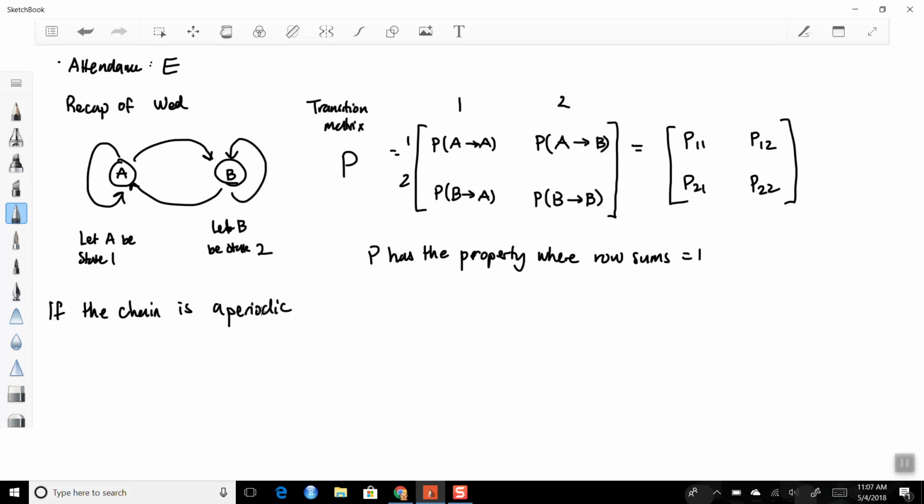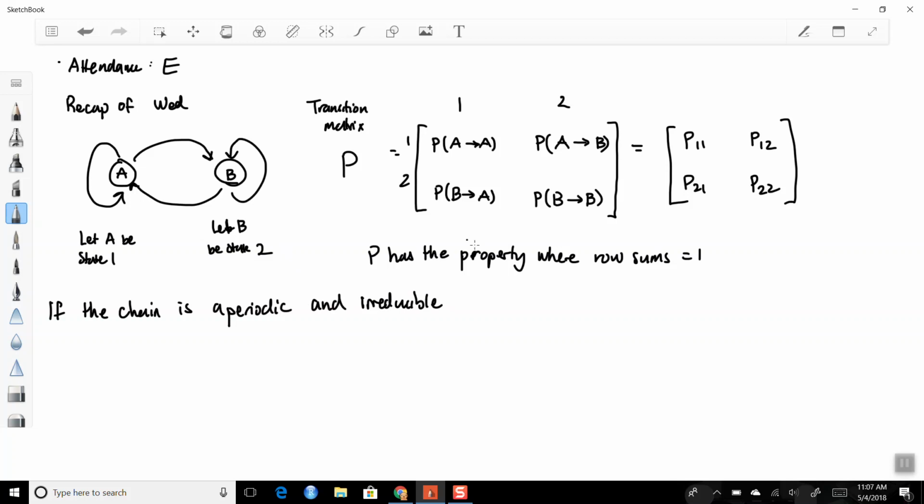That the states can show up at any time interval, it's not that A's only show up on the evens or something like that, and that will happen if at least one of the elements can go back to itself. Okay, so if the chain is aperiodic and irreducible, what does it mean to be irreducible? It means you can reach any of the other states from any state. So all the states basically can reach each other, given enough time.